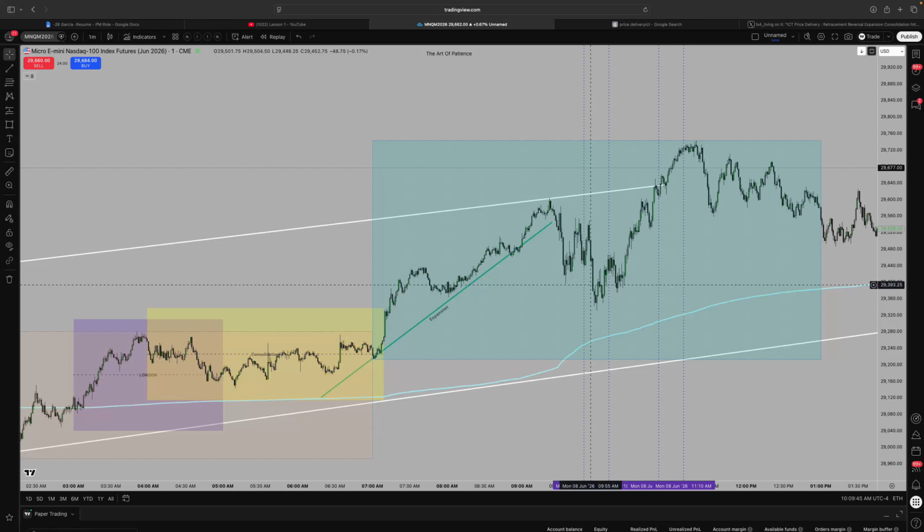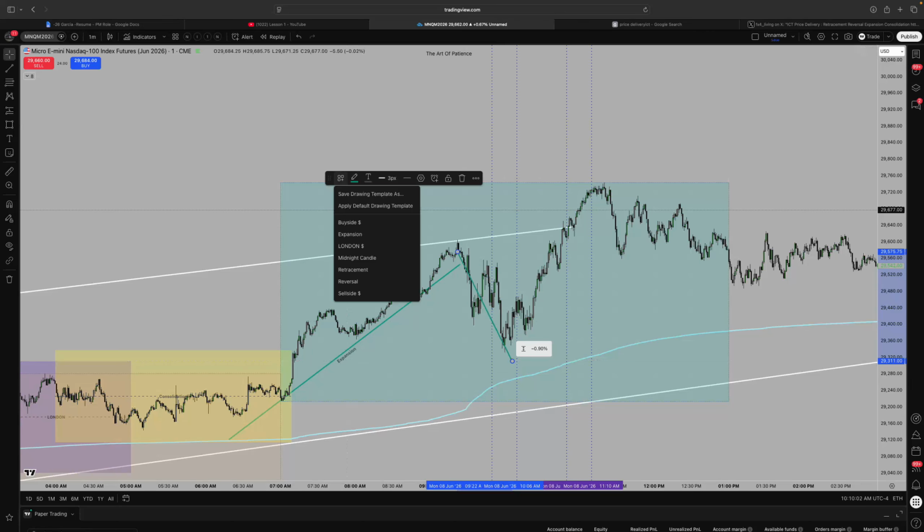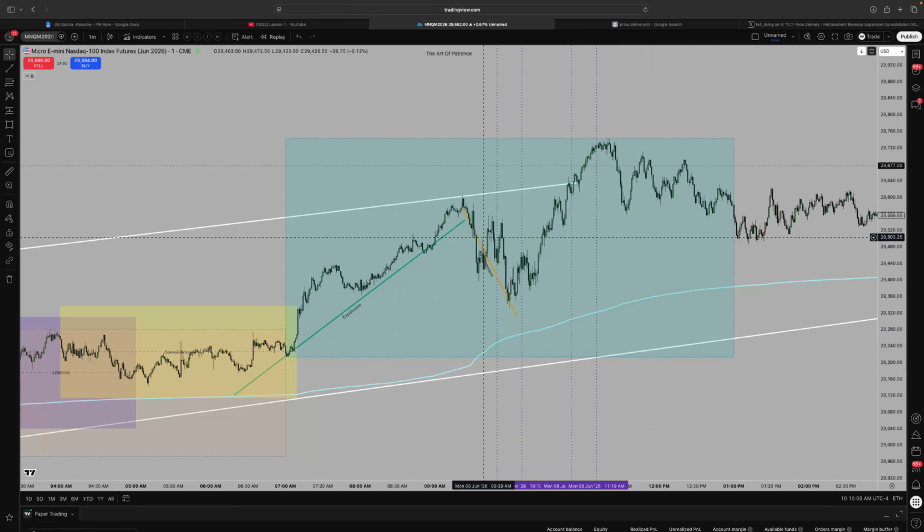But if it goes past the 50, then I would classify that as a reversal. Okay, so we had a nice retracement here. So this is a retracement. Go here, retracement. And then after a retracement, we go back into consolidation.